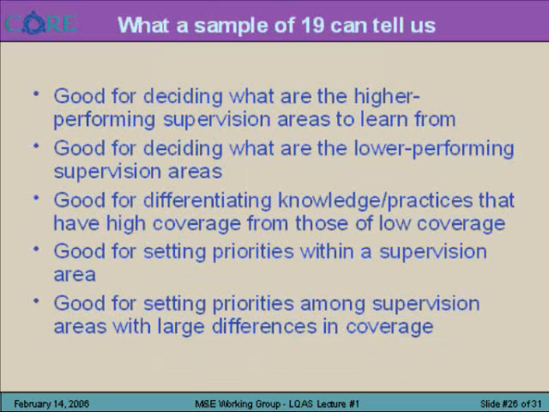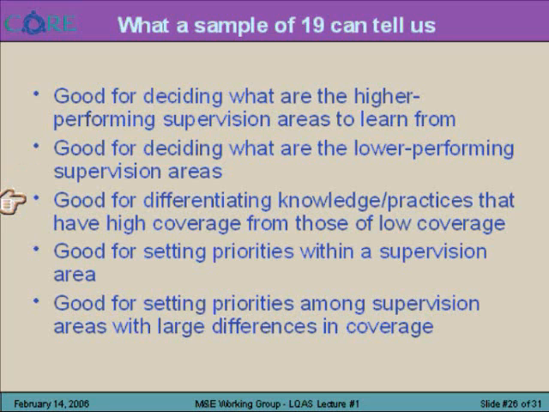For now, we want to highlight for you what a sample of 19 can tell us, and this can be summarized as follows. A sample of 19 is good for deciding what are the higher performing supervision areas to learn from. And it is also good for deciding what are the lower performing supervision areas.